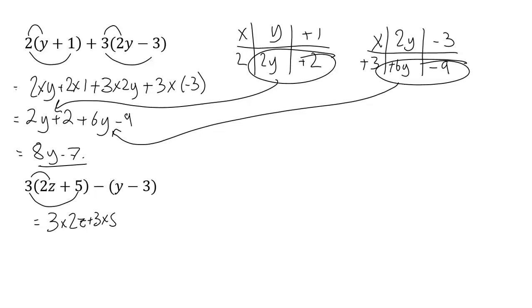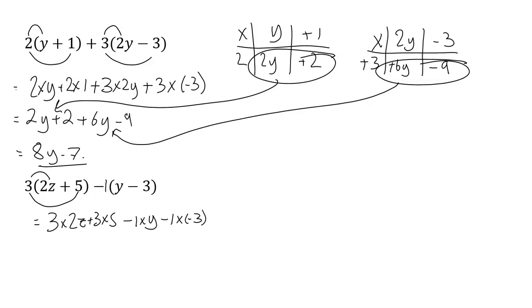Well, if you have a bracket written on its own, remember there is something there. It's technically hidden, and it is a 1. So in this case, that bracket is actually getting multiplied and expanded by multiplying everything inside it by negative 1. So I then have negative 1 times y, take away 1 times the negative 3.